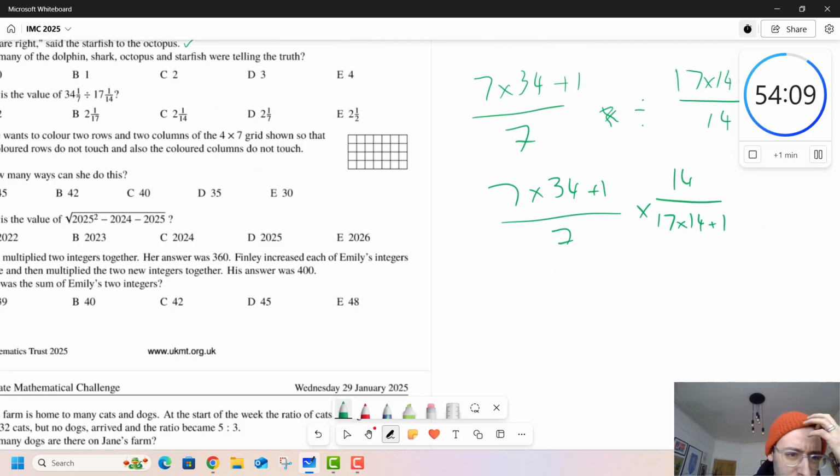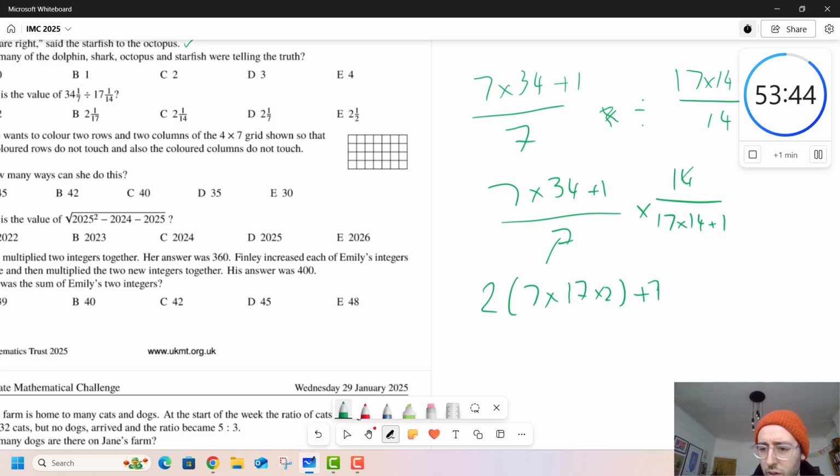So then, like, if I just change these to 7s, good. Okay, well, these cancel, and this is a 2, so we've got 2 times 7 times 17 times 2 plus 2 over 17 times 14 plus 1.